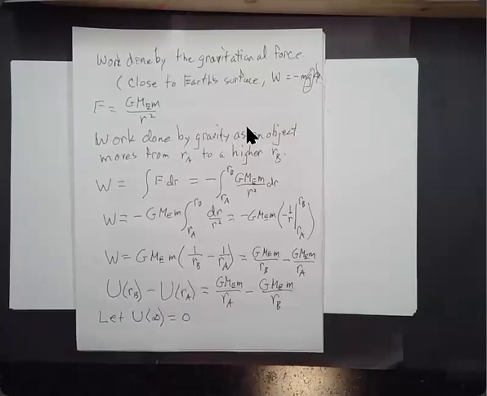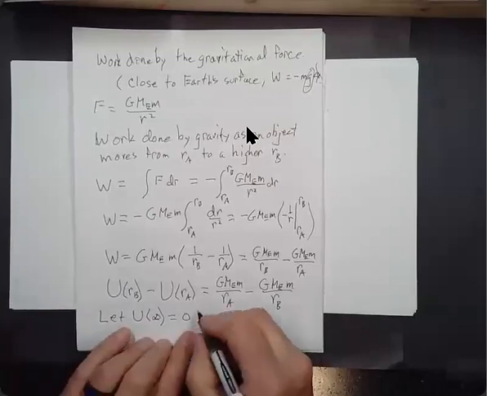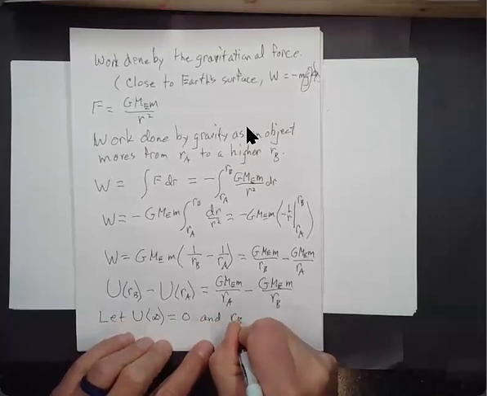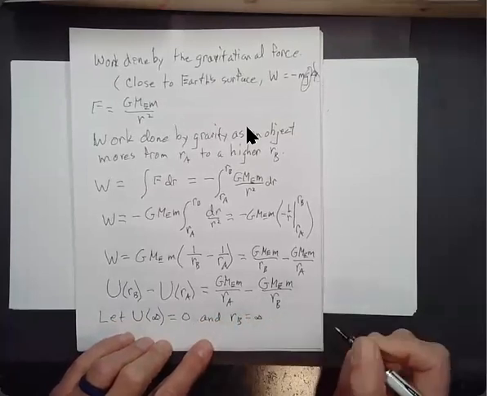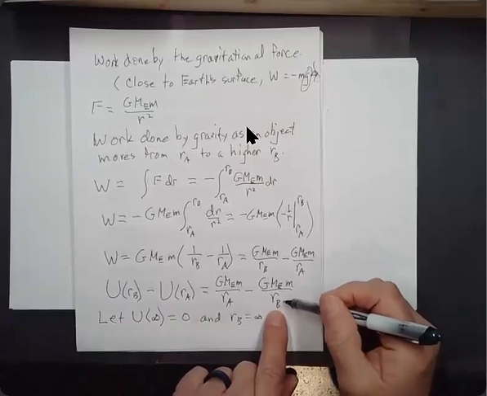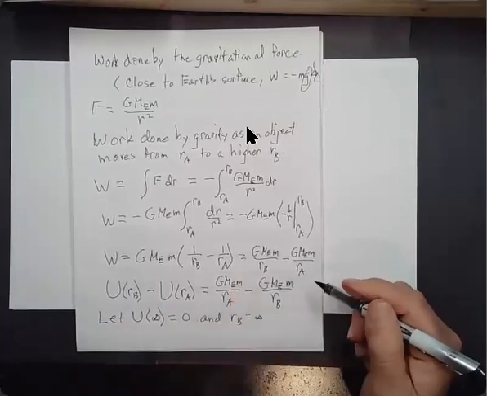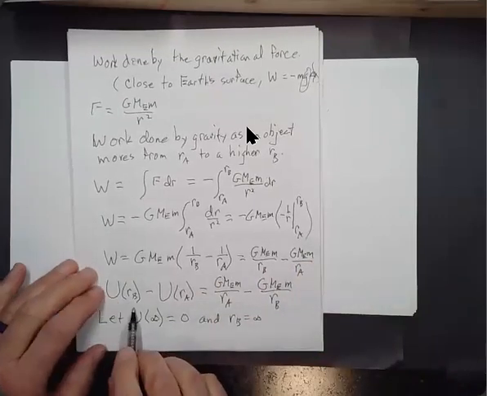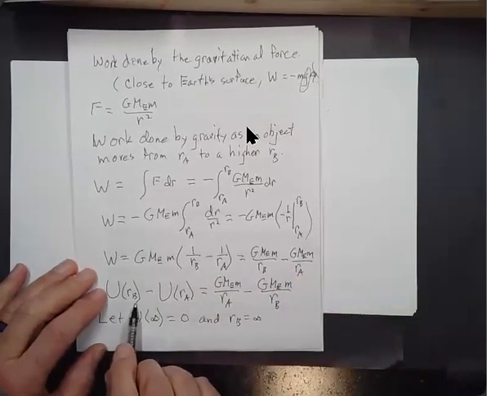And anywhere short of that, you're in a hole that you have to get out of. And we'll just let R sub B equal infinity. Well, if R sub B is infinity, this term vanishes. It goes away. And this, I defined it to be 0.